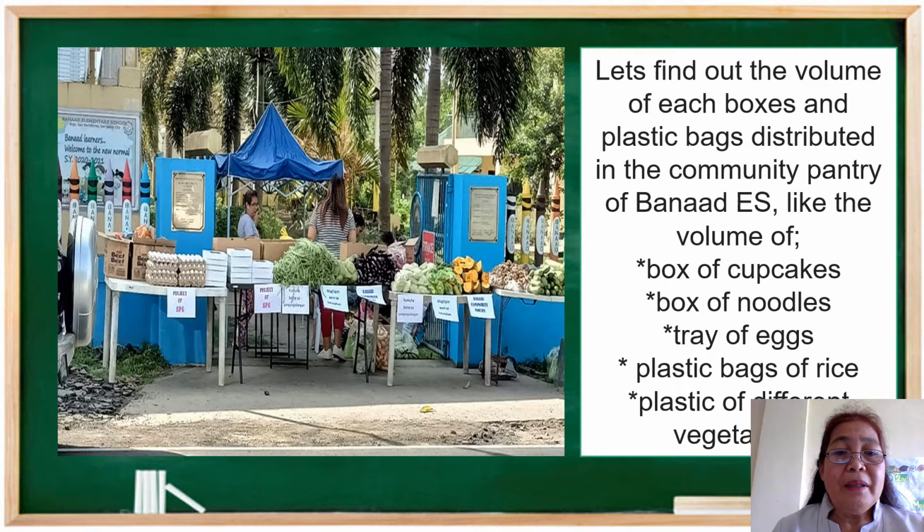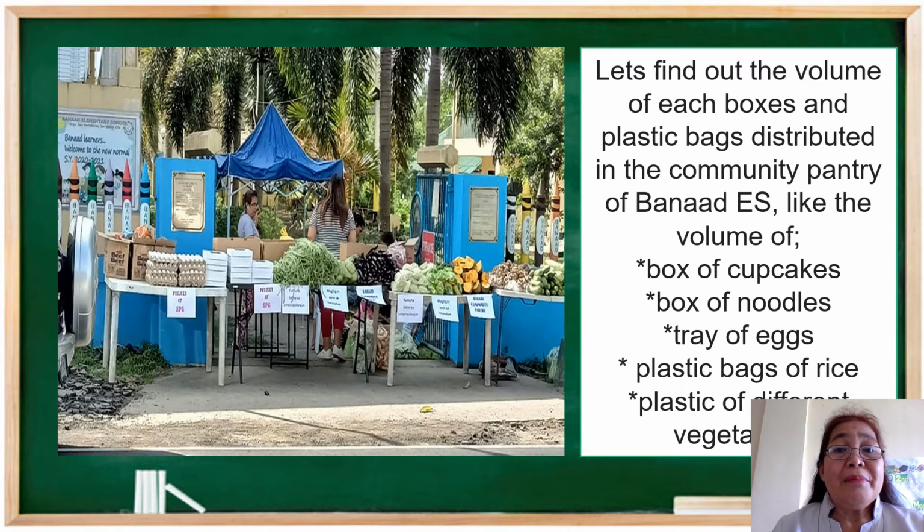Look at the table. It's a lot of goods. There are noodles, eggs, cupcakes, sitaw, upo, talong, this is kalabasa, and many other foods. Let's find out the volume of each box and plastic bag distributed in the community pantry of Banaad ES.